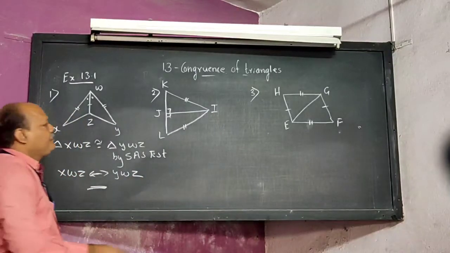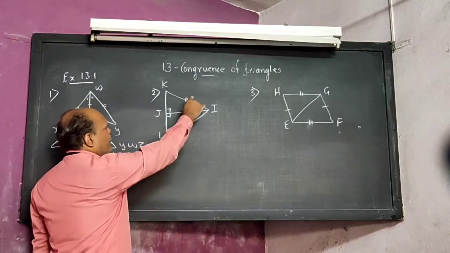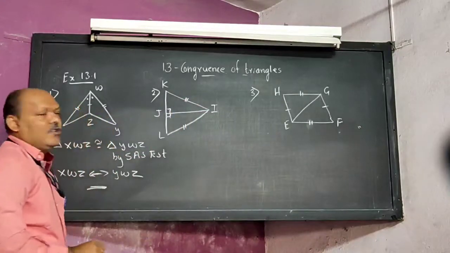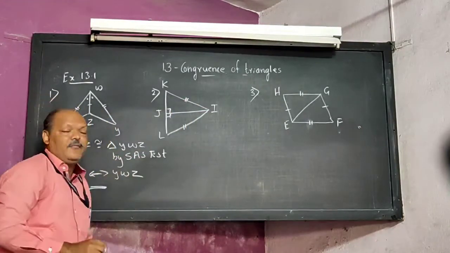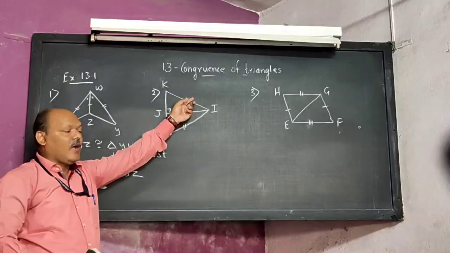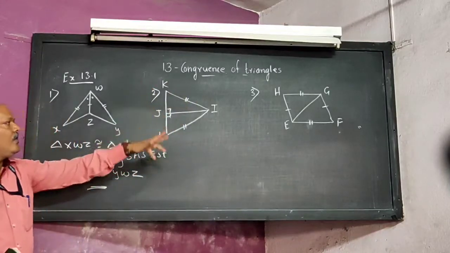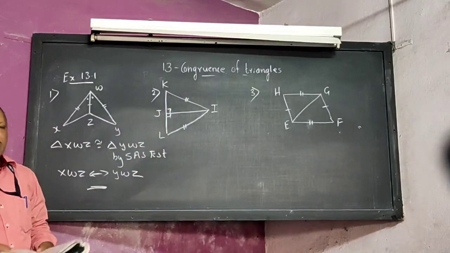Now the second sum. 90 is there, and in front of that the hypotenuse marking is there. That means you can easily identify: a 90 angle with the hypotenuse marking in front of it, you can say the triangles are congruent by the hypotenuse side test.